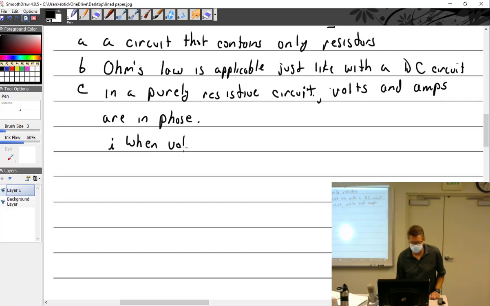So when voltage reverses, amps also reverse.